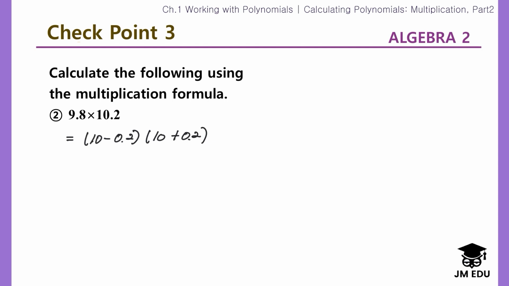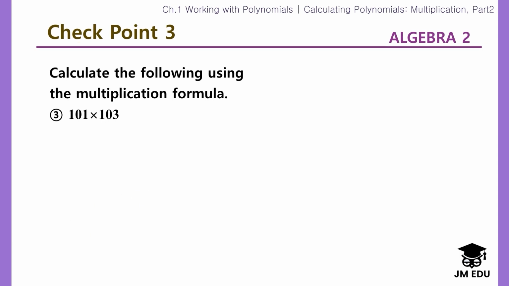Then that's going to be equal to a squared minus b squared. So that's 10 squared minus 0.2 squared, right? So 10 squared is 100 minus 0.2 squared, that's 0.04, right? So that is equal to 99.96.